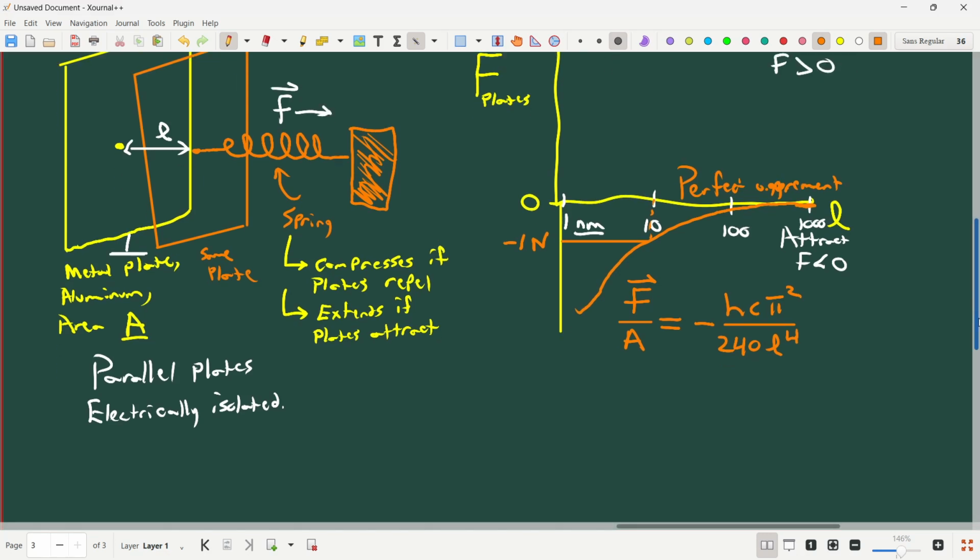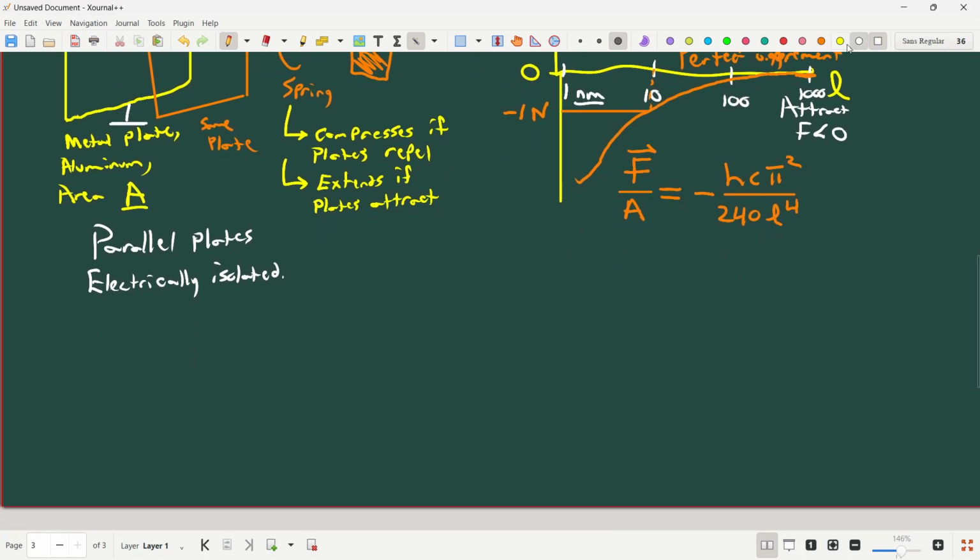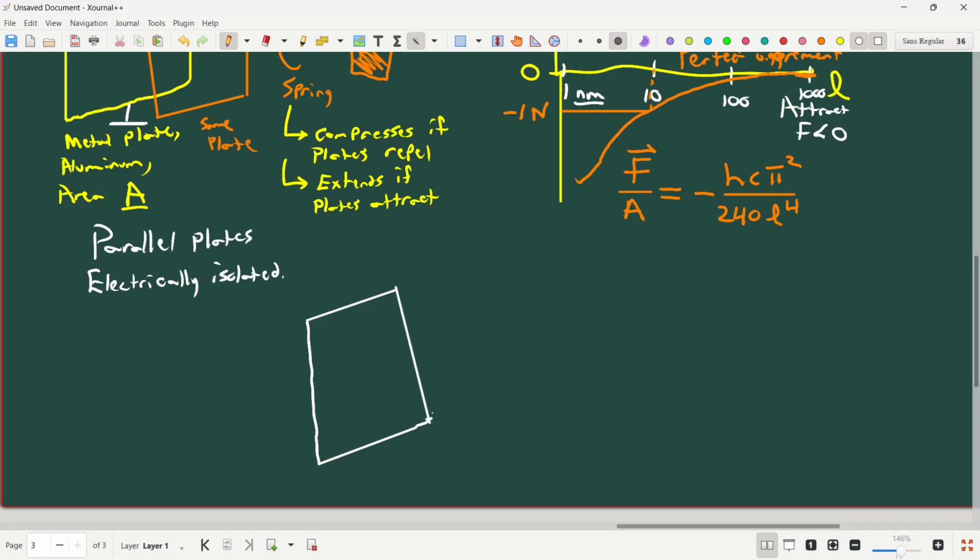Well, the explanation is quite interesting. Let me redraw it. If you think about these plates, what do we know about metals or any surface? On the surface of any metal, there's what Paul Dirac calls a sea of electrons.